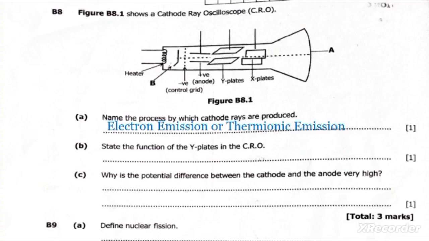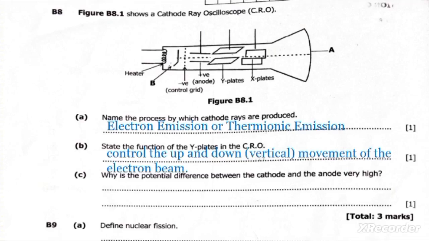We move to B, state the function of the Y plates in the CRO. The function of the Y plates is to control the up and down vertical movement of the electron beam or electrons. We have answered this one. Let us move to C. Why is the potential difference between the cathode and the anode very high?